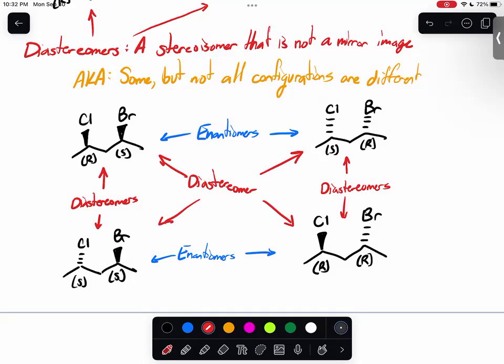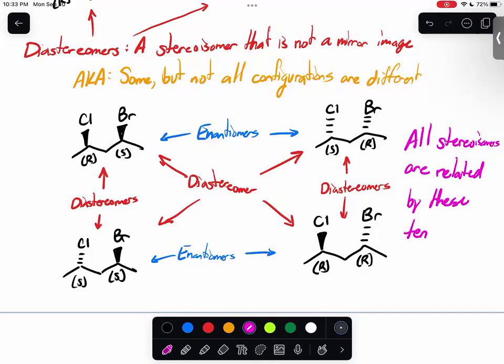So essentially, what this is telling us is that all stereoisomers are related by these terms. So if you can understand what an enantiomer is, and if you can understand what a diastereomer is, you will be able to figure out what all of the different types of stereoisomers something can have.